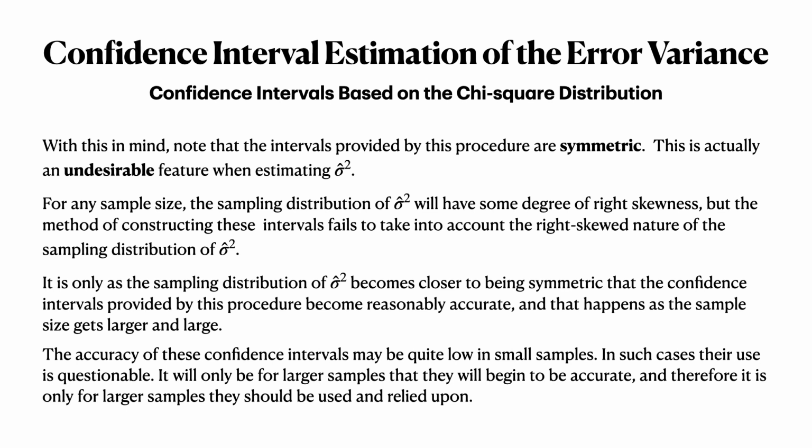It is only as the sampling distribution of sigma hat squared becomes closer to being symmetric that the confidence intervals provided by this procedure become reasonably accurate, and that happens as the sample size gets larger and larger. The accuracy of these confidence intervals may be quite low in small samples. In such cases, their use is questionable. It would only be for larger samples that they will begin to be accurate, and therefore it is only for larger samples that they should be used and relied upon.